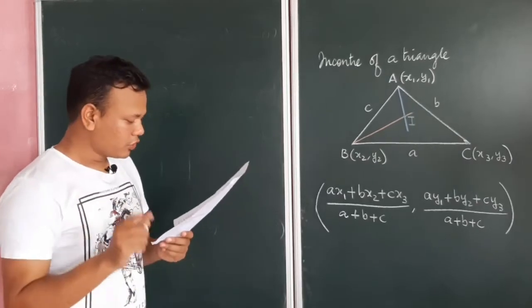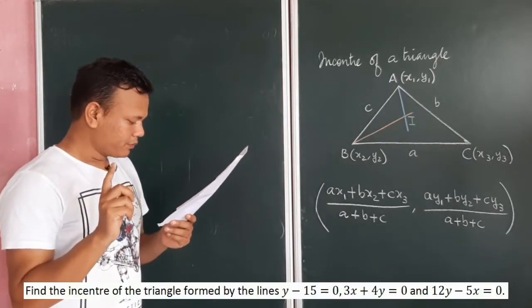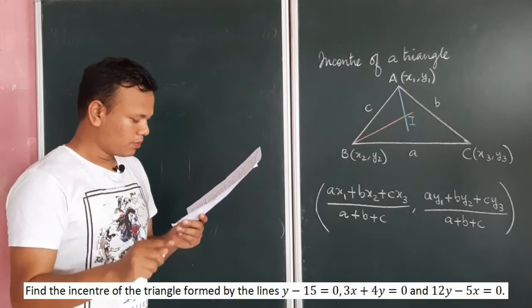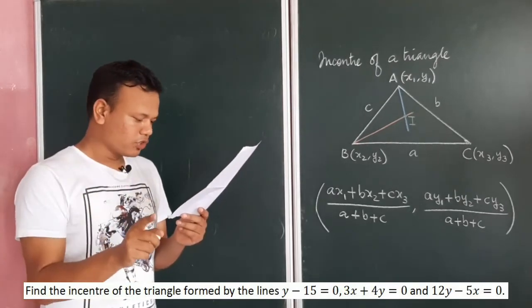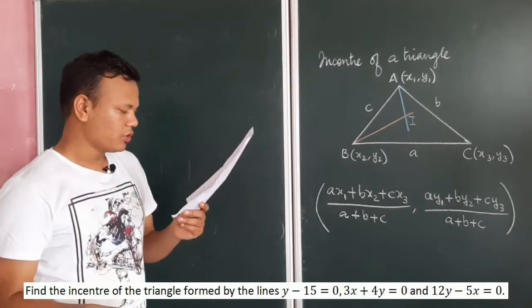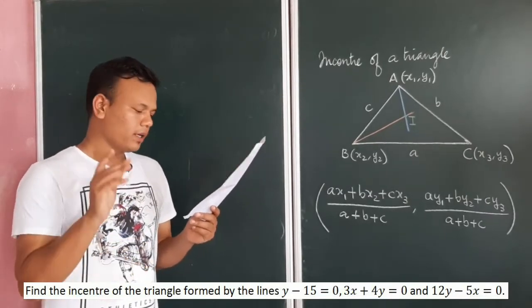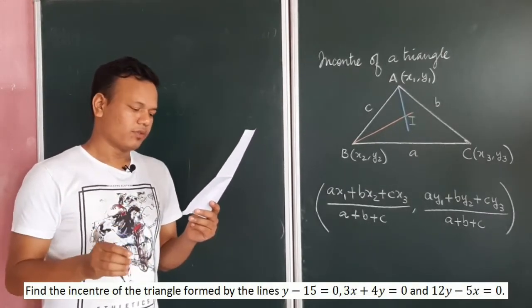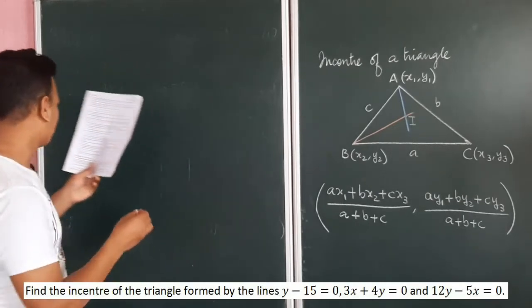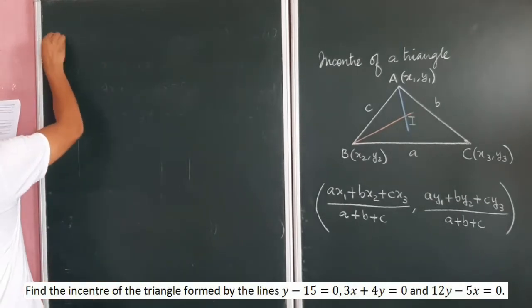Okay, let's have a look at question number 39. So in this particular question, this is going to be my last question for the day. You need to find the incenter of a triangle formed by the lines y minus 15 equals to 0, or let me note down what are the given lines. So this is 39.